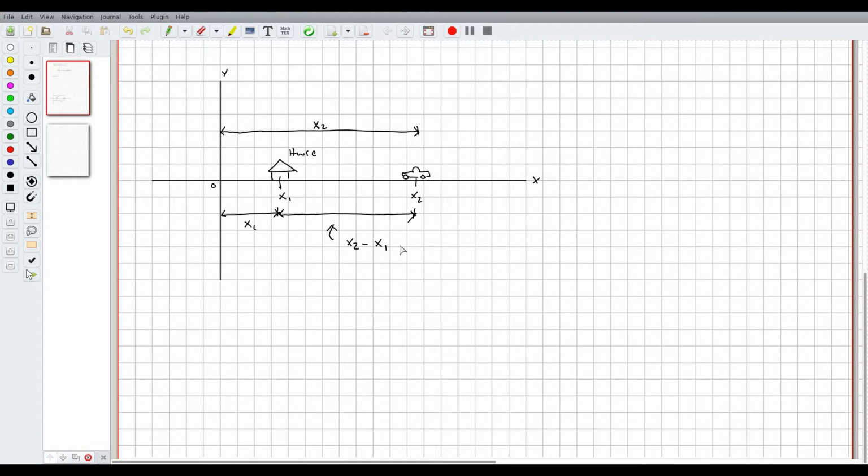Now this right here is defined as the displacement, delta x. Now we know from mathematics that delta means change in. So really what this is, is your change in position. Okay, so that's your displacement. So this right here, x2 minus x1, is displacement.